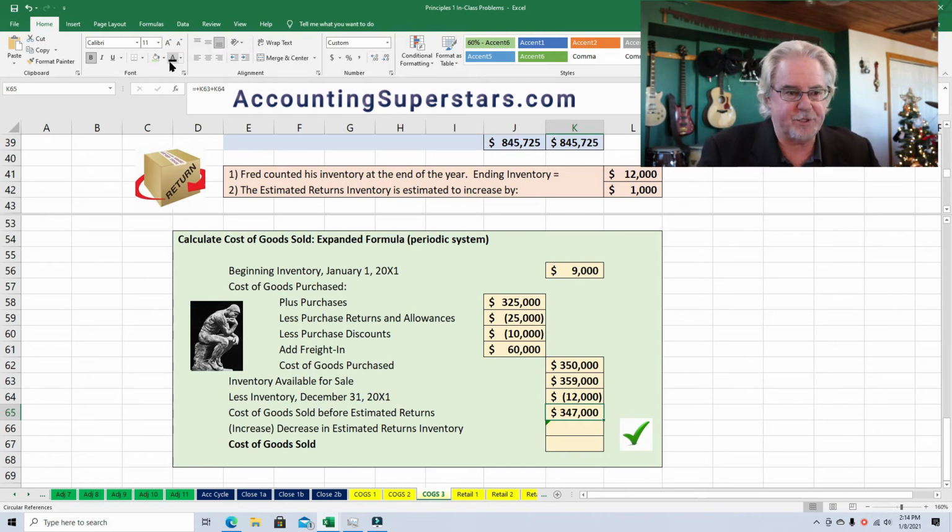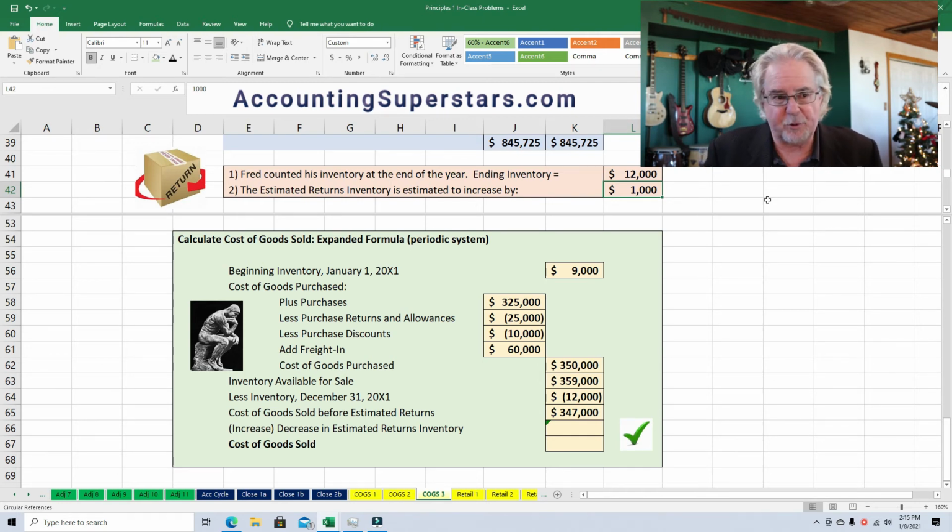And then what we're going to do is we are going to subtract away this $1,000. And you might be thinking, well, why are we subtracting that away? Well, the reason why is that the store is estimating, they're guessing, based on past experience, that there will be some customers that don't like their merchandise. They don't want to keep it. It was the wrong color or the wrong size, and they're returning it.